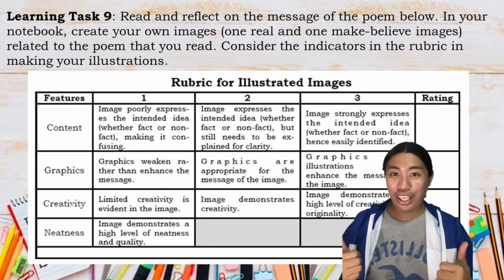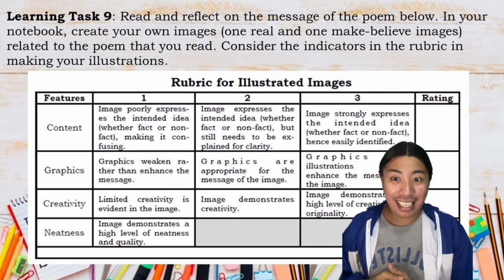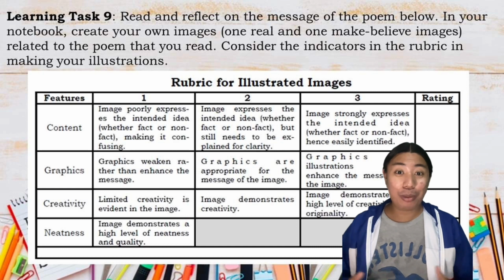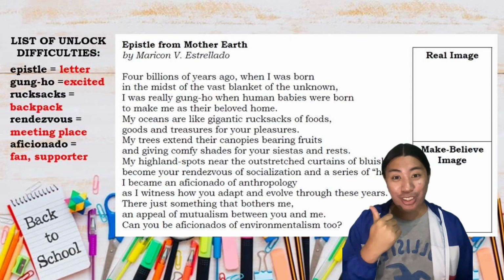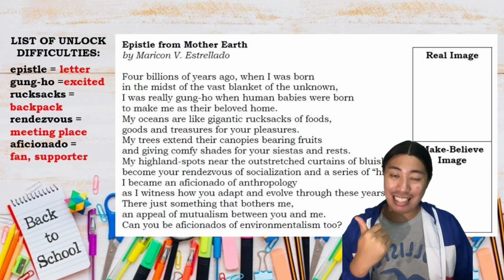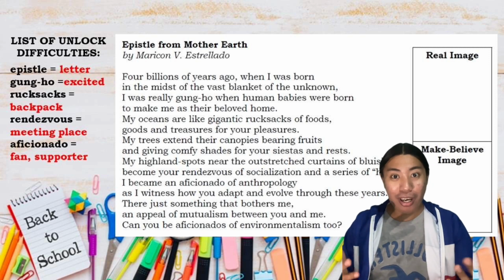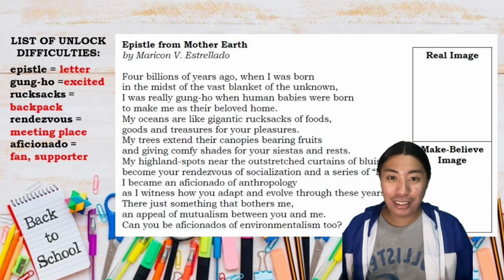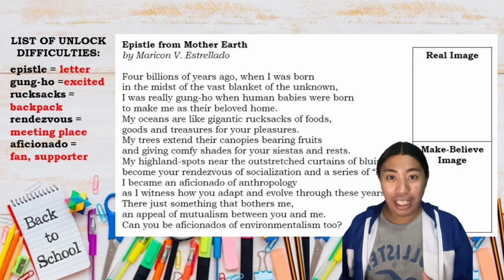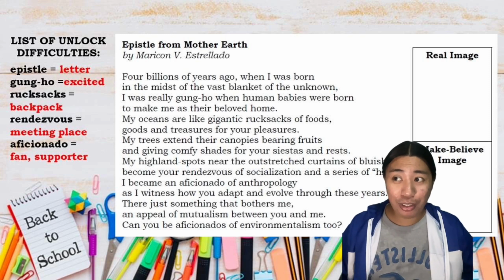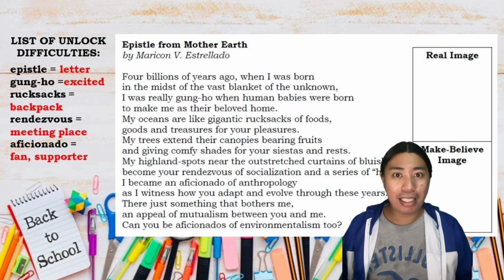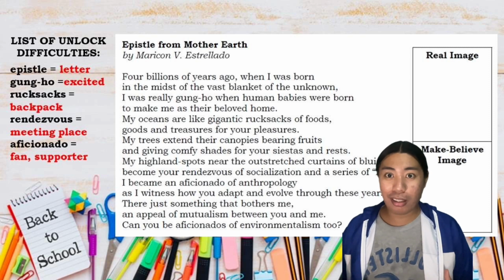Kagaya ng learning task number 8, yun din ang gagawin natin sa learning task number 9. Mag-draw pa rin tayo but this time ito ay tungkol sa poem ulit ni Maricon V. Estrellado na tinatawag nating Epistle from Mother Earth or letter na galing kay Mother Earth. So after reading that one, kung ano yung naintindihan nyo, i-drawing nyo siya sa real image box na dapat ang ginagamit yung character, setting, and everything ay may kinalaman sa real world.